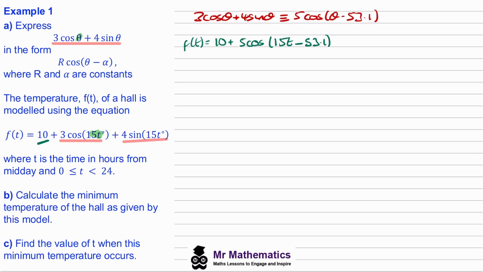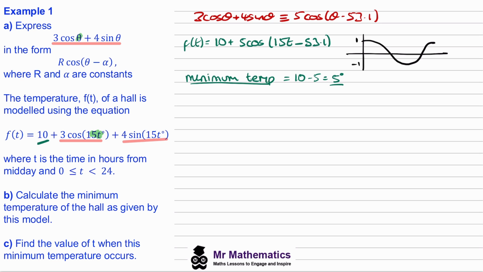Now to work out the minimum, well, if we sketch the cos graph, we know this ranges from positive 1 to negative 1. So the minimum will be when this is negative 1. And when it is negative 1, we'll multiply that by 5 and we'll get negative 5. So the minimum temperature will be the 10 minus 5. So this will be 5 degrees.